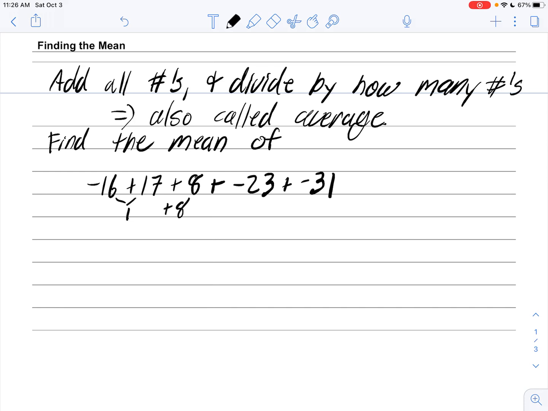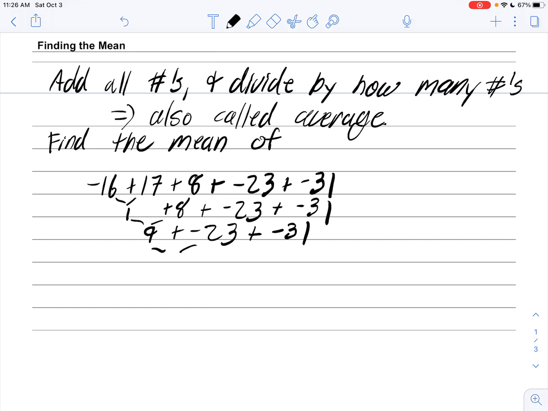Bringing down the rest of my problem. Okay, now I have 1 plus 8. 1 plus 8 is 9. Now I have 9 plus negative 23 plus negative 31. Next, I'll do the 9 plus the negative 23. 9 plus negative 23, we'll have 9 positives.